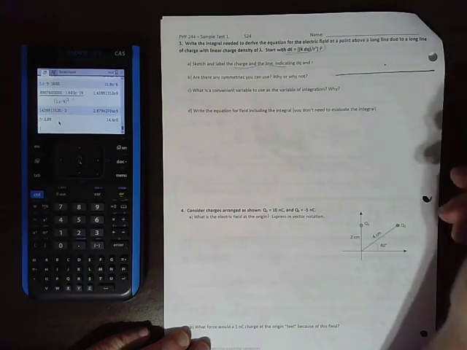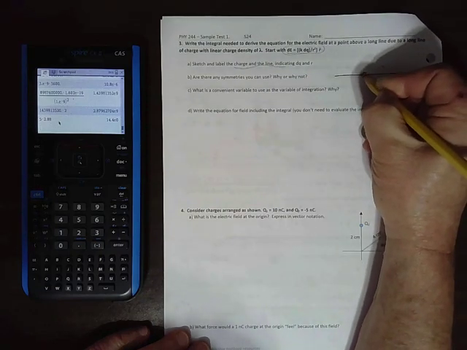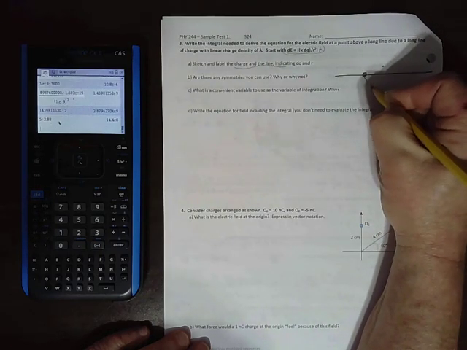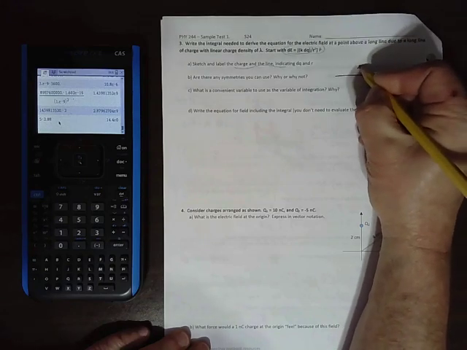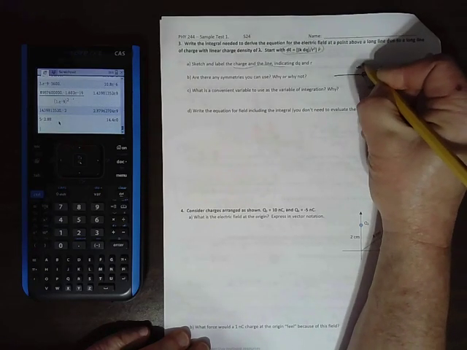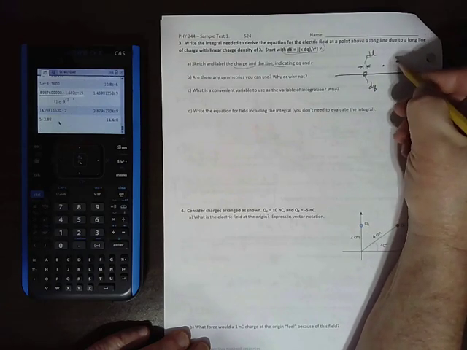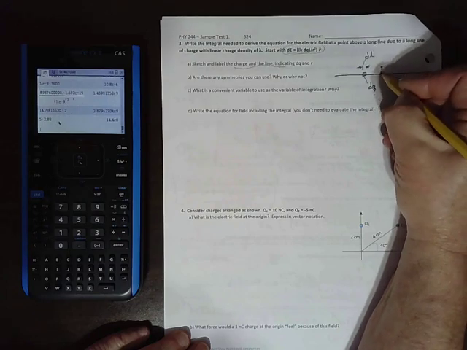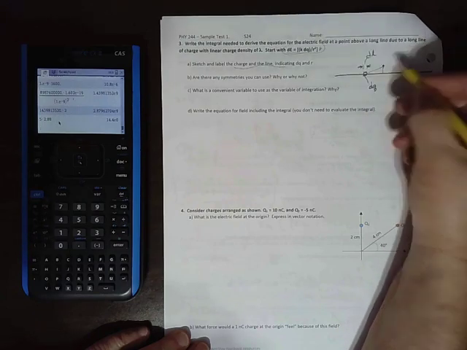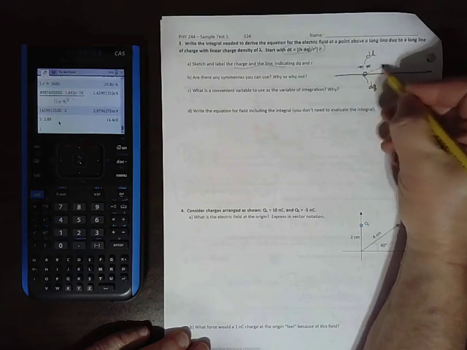And so if we just pick some little segment of the line, it's going to have a charge dq, and it's going to have a length dl. If this is the point we're looking at to find the field, then r is always how far the charge is from the test point.